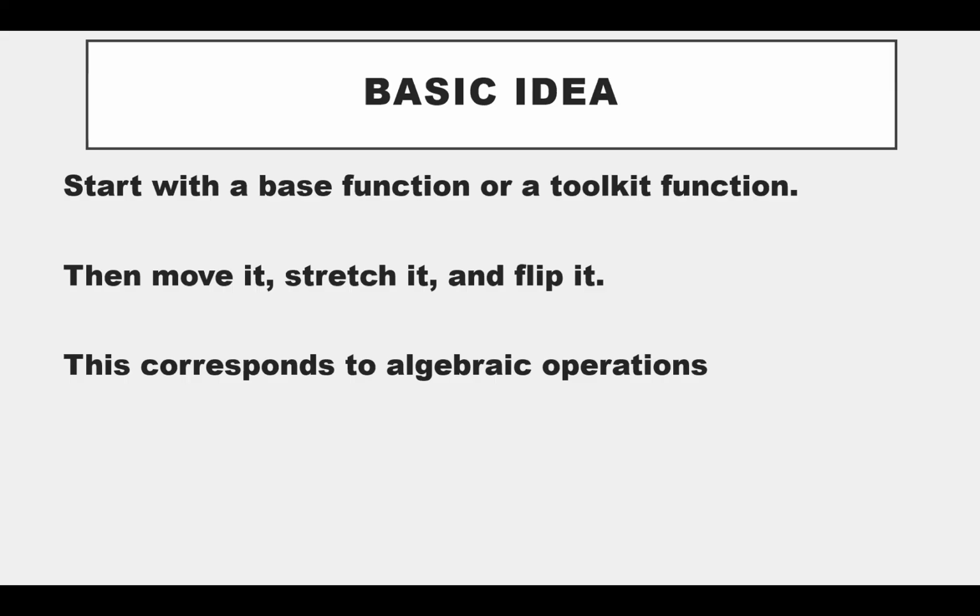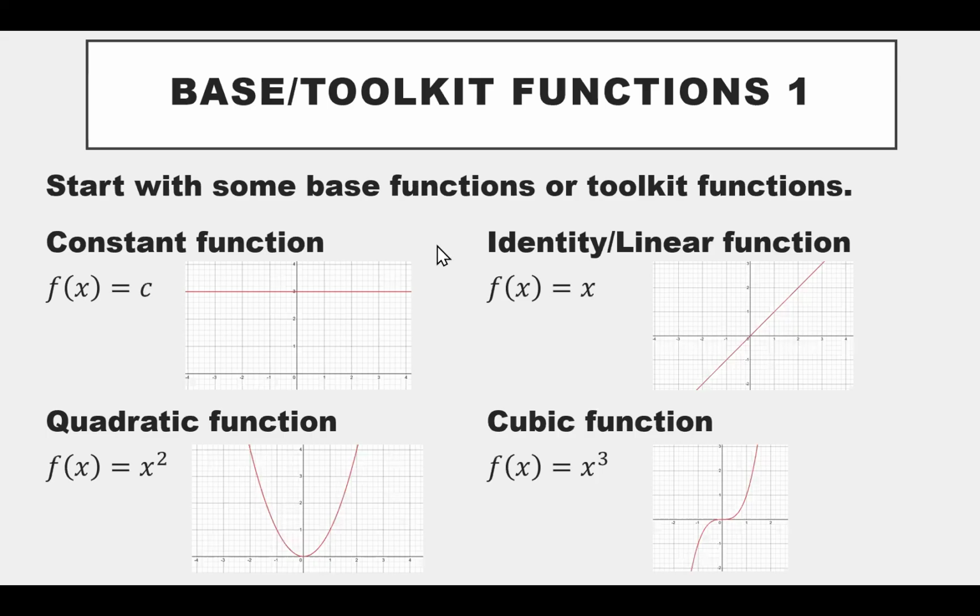So let's start with some basic base functions or toolkit functions. The first base function that we're going to look at is the idea of a constant function. That's the function where you input any value x and you get out a constant number c. Generally, that's going to be a real number.